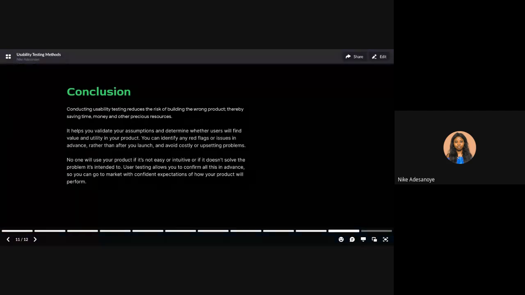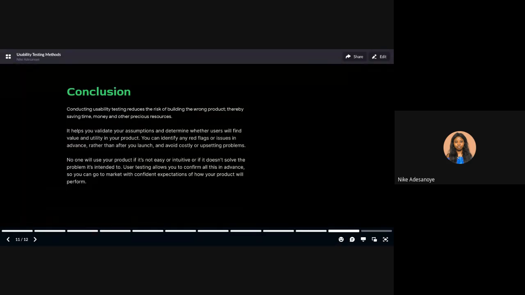Like what I said earlier, when you've conducted usability testing, you know that this feature is easy for our users to use. And then even when you launch, there's this confidence and boldness in you, because you've conducted your usability testing. So even when there's bad growth, you have less bad growth from your users.